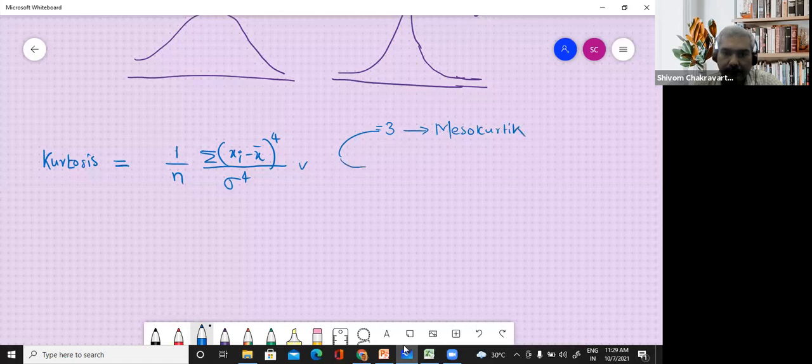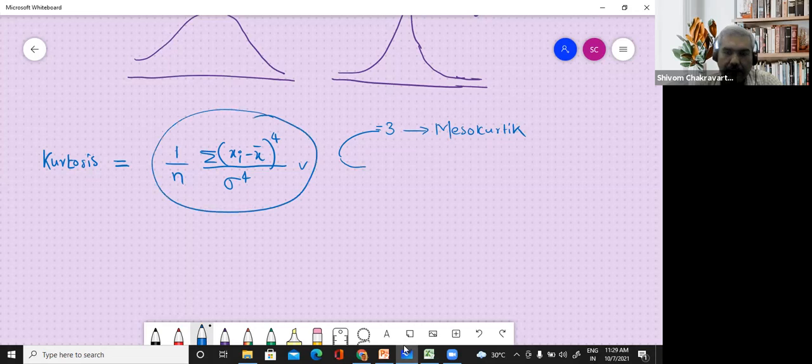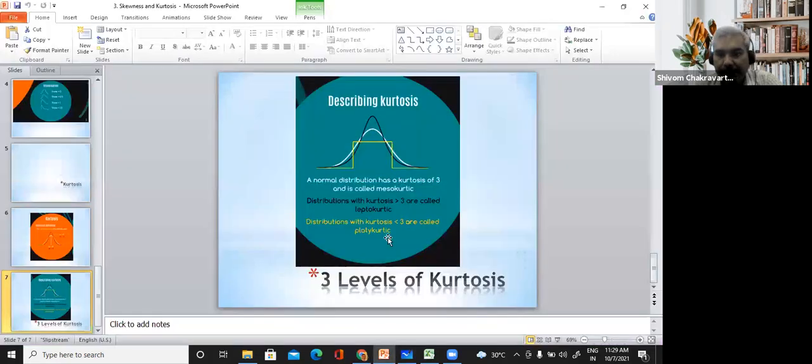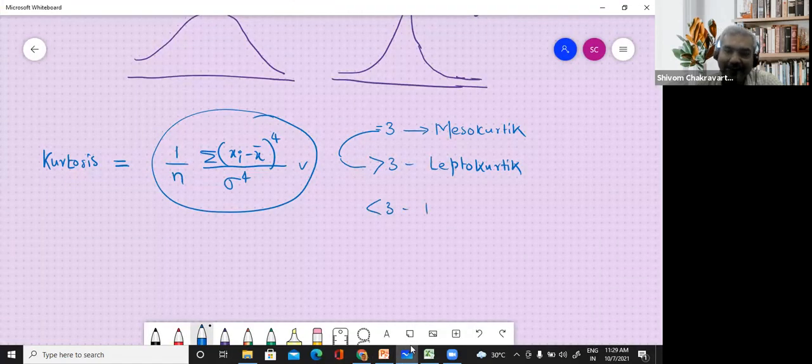If this value is greater than 3, it is called leptokurtic. And if it is less than 3, it is called platykurtic. Not a very complicated thing. So this is regarding the values. 3 is the ideal number. There is nothing good or bad about it.